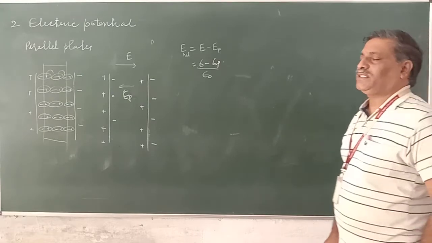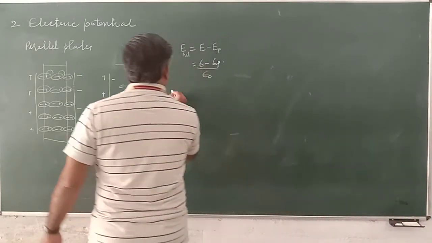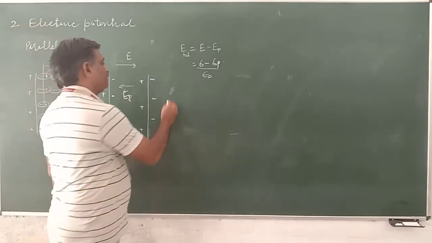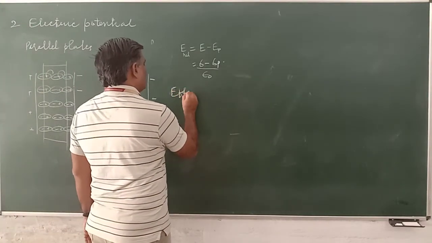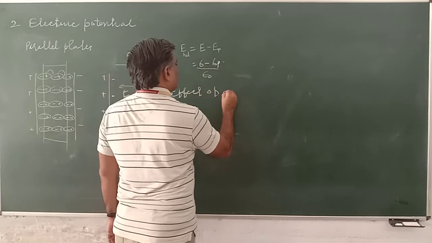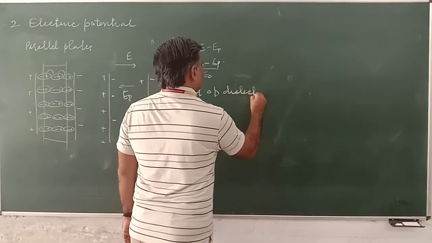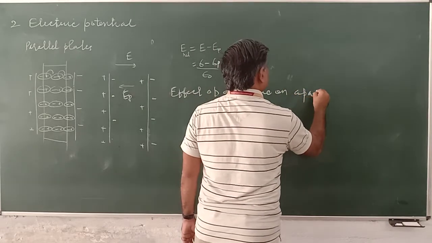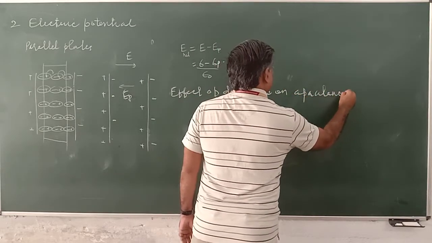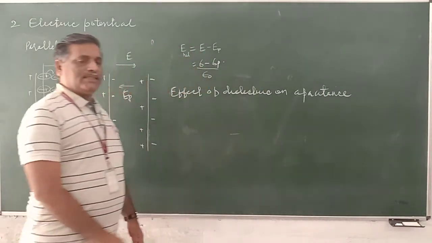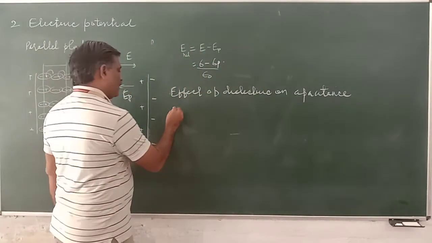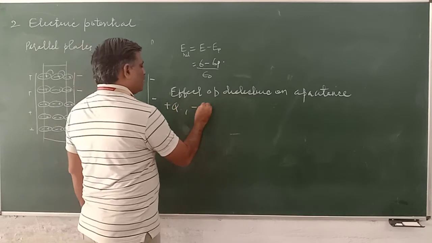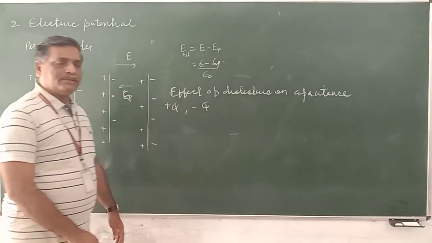Now in what way does it affect the capacitor? The effect of dielectric on capacitance. What is the effect of dielectric on capacitance? Let us consider Q is the charge on one plate and minus Q is the charge on the other plate.